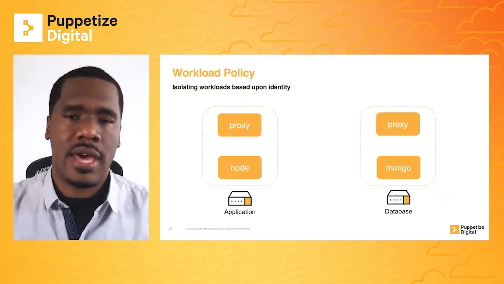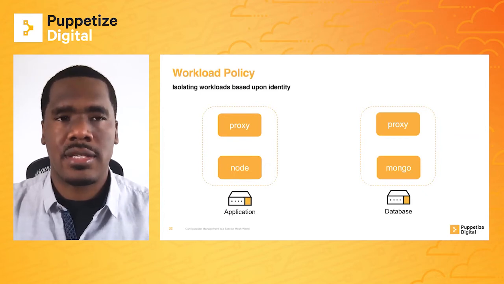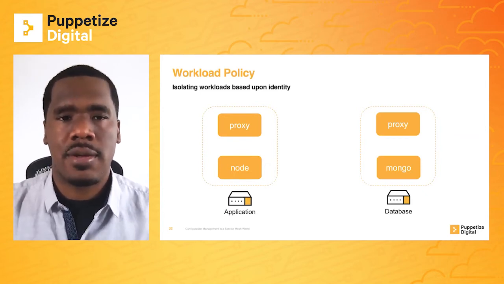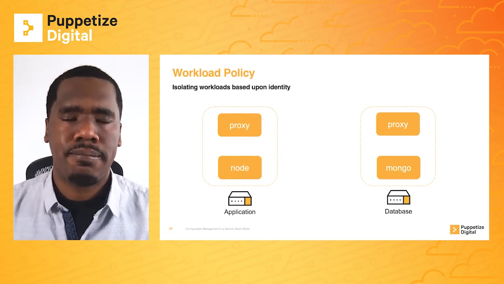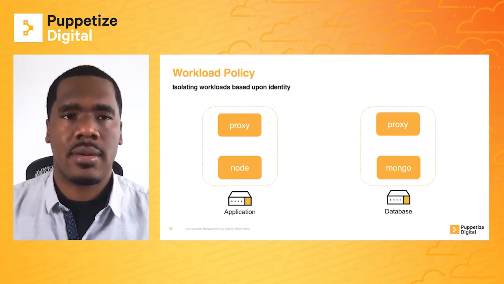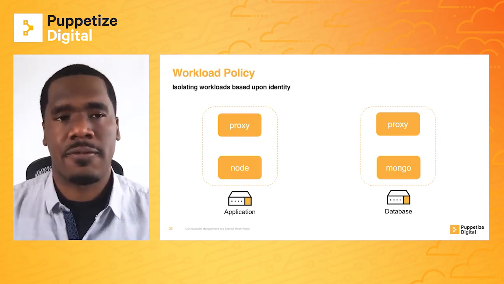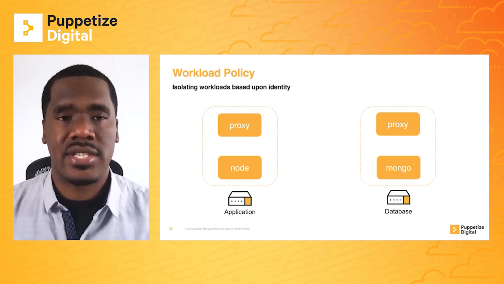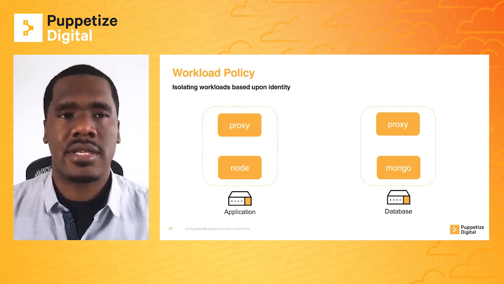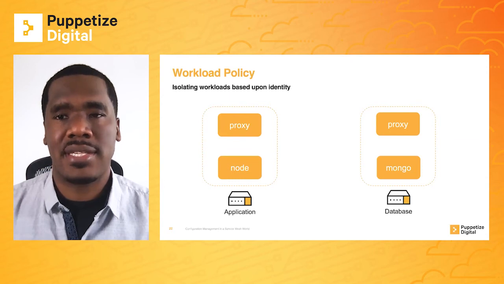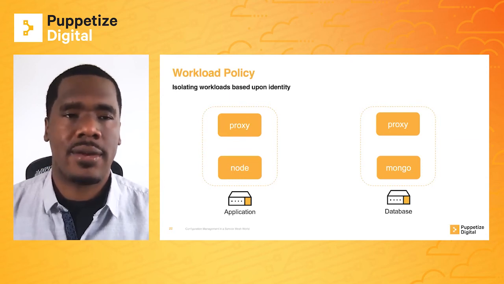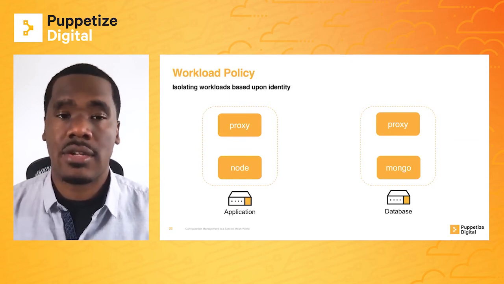And so the other piece we talked about was a little bit about workload policy. The real advantage of the mutual TLS capability or feature of service mesh is that we can leverage identity-based policies to define which services can and cannot talk to one another.